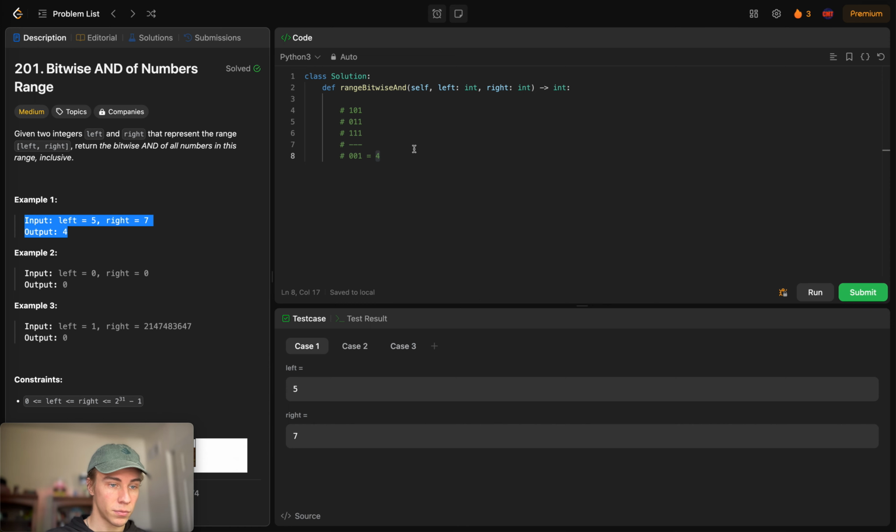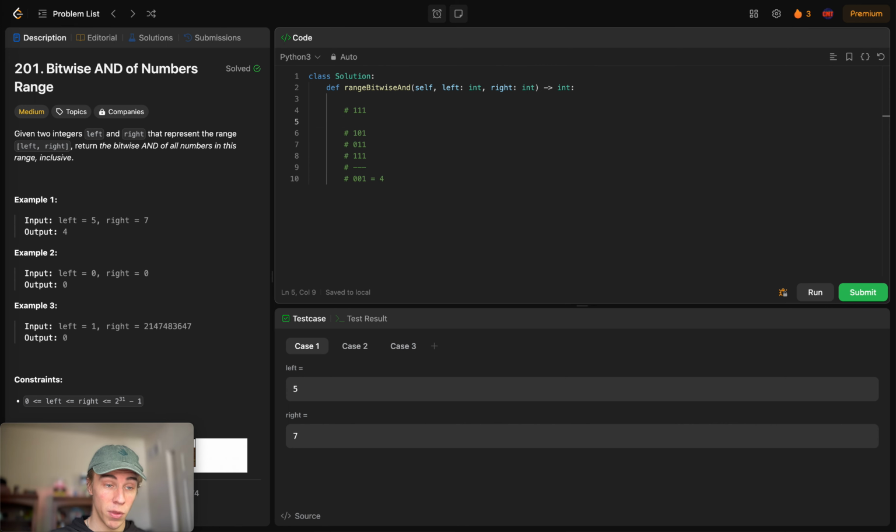Awesome. So what's one way? Actually, what they're asking us is quite literally to iterate over all the numbers from left to right, inclusive, starting with, I presume, a number that is big enough to hold all of these numbers and is filled with all ones, and continuously do AND operations on it.